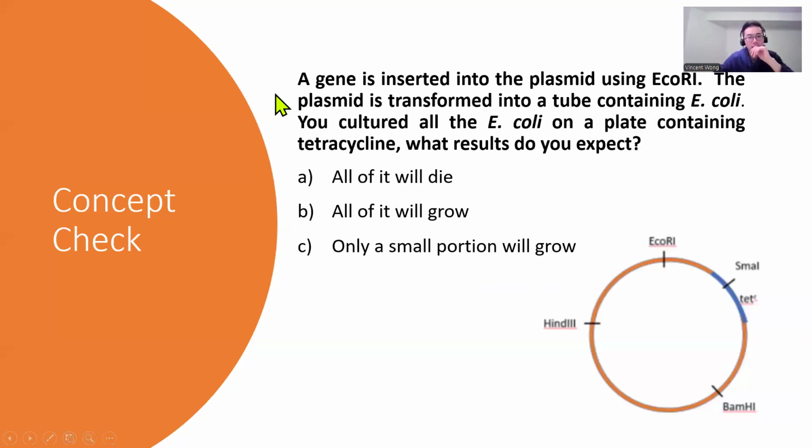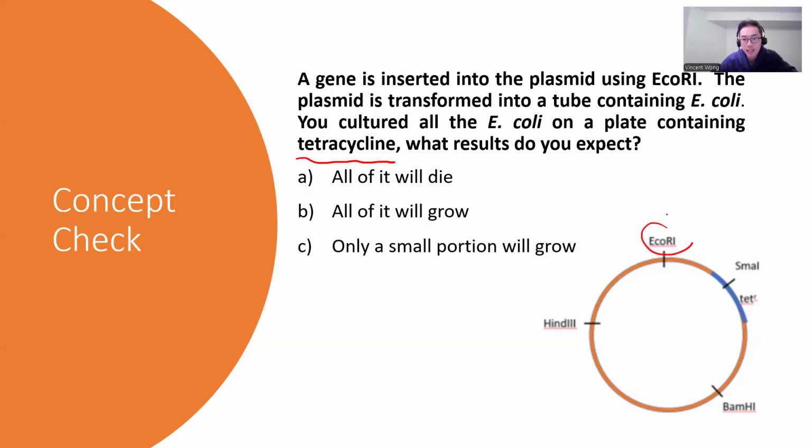A gene is inserted into this plasmid using EcoRI, which is a restriction enzyme. The plasmid is transformed into a tube containing E. coli. You cultured all the E. coli on a plate containing tetracycline. What result do you expect?